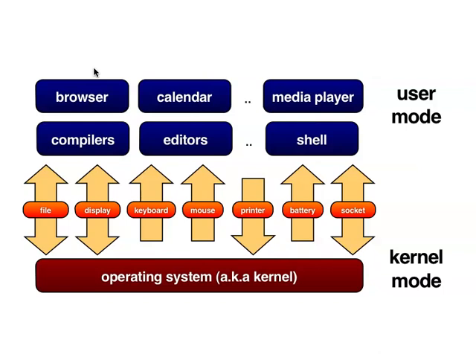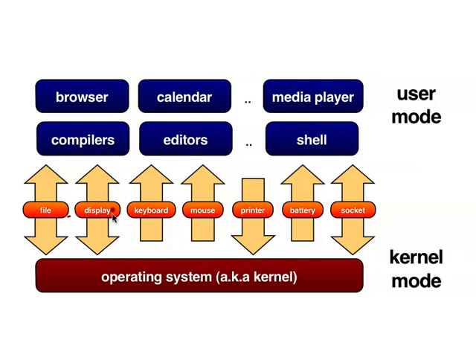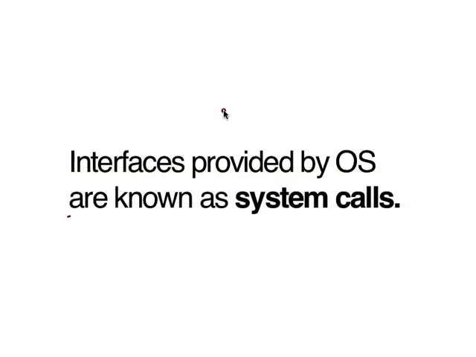Last week we talked about user mode and kernel mode, right? And I showed you this picture, which shows that you have operating systems that provide different interfaces to the applications. The interfaces provided by the operating systems to the applications are known as system calls.